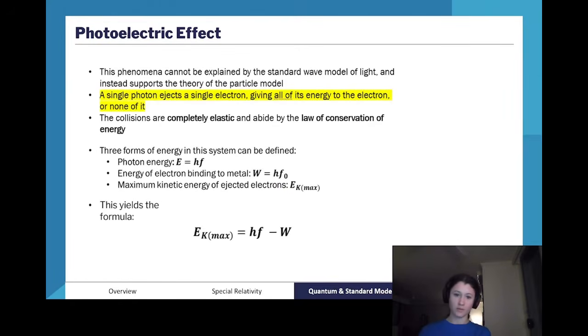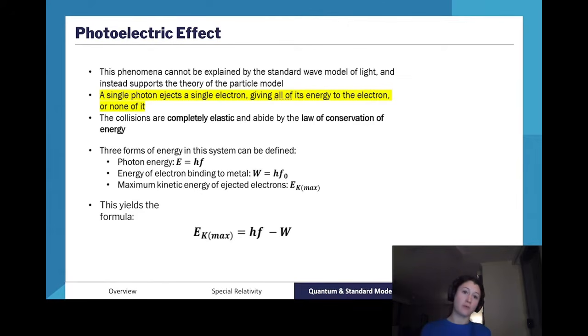All right. So, three forms of energy in the system can be defined. The first is the energy of the photon, which is given by E equals hf. The second is the energy of the electron binding to the metal, which we call W, or the work function, which is given by h multiplied by the threshold or ejection frequency.